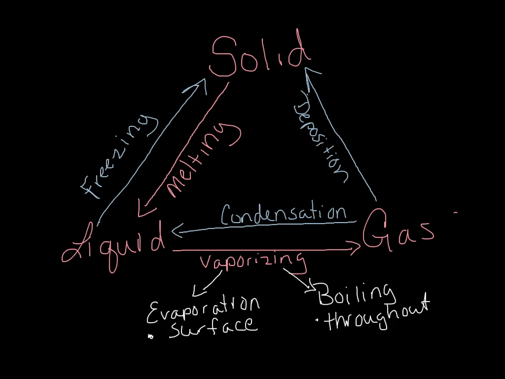And then if we're going from a solid and we're going to increase so much energy that it goes directly into a gas state without passing the liquid phase, we're going to call that sublimation. And that's how we make our change in state triangle.